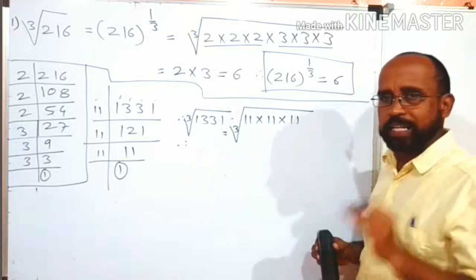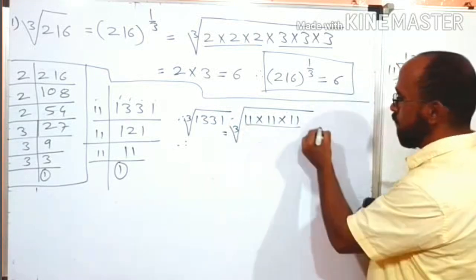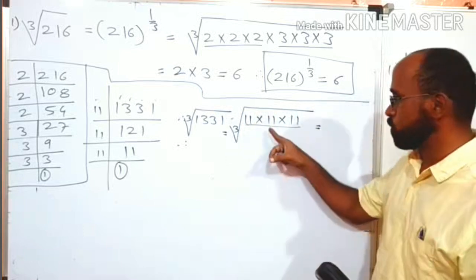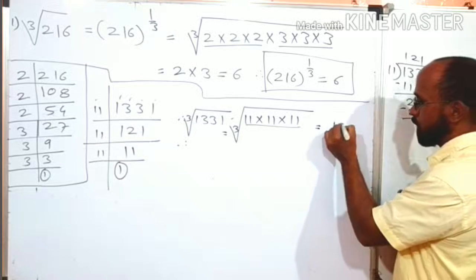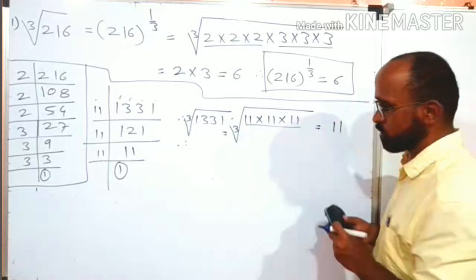And as we are finding the third root, we will make a group of these 3 prime factors and we bring one number for one group. So for this one group, we will bring 11 out of the radicand side, and 11 is the answer to the given question.